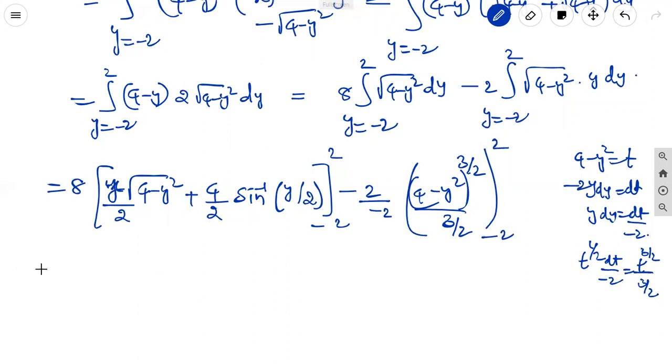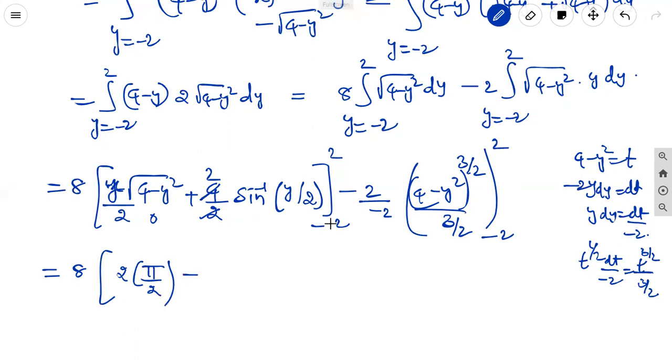It is equal to 8 into, the first term is 4 minus 2 square, which is 0. Then 4 by 2, sine inverse 2 by 2, sine inverse 1 is equal to 2 into pi by 2.